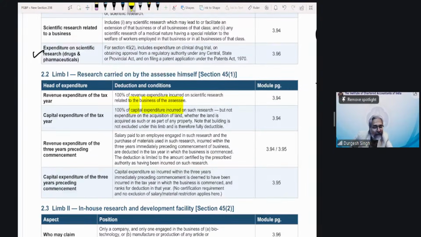Where is it written that the scientific research asset has to be put to use? Nowhere it is written. So mere incurring of the expenditure for scientific research purpose is sufficient enough for claiming the deduction. Is that clear to all of you, students?